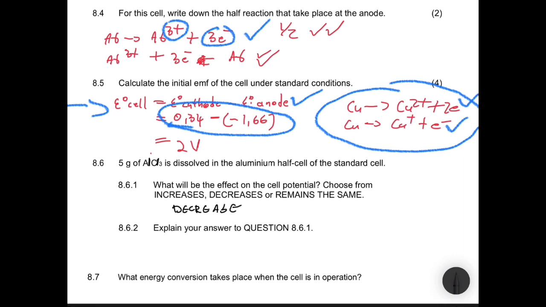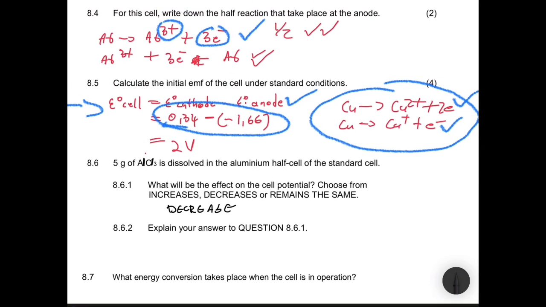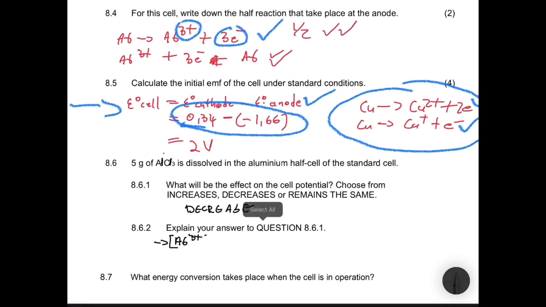And then 8.6.2, explain your answer to question 8.6.1. Al3+, the concentration will increase, right? And then when it increases, by Le Chatelier's principle, the reverse reaction will be favored.